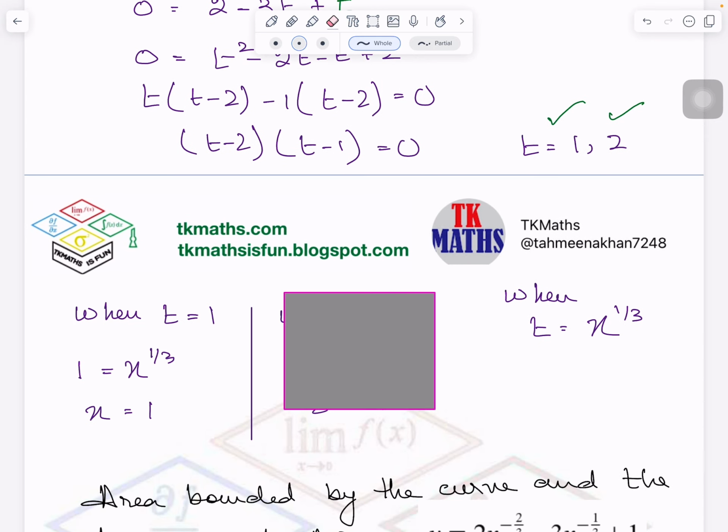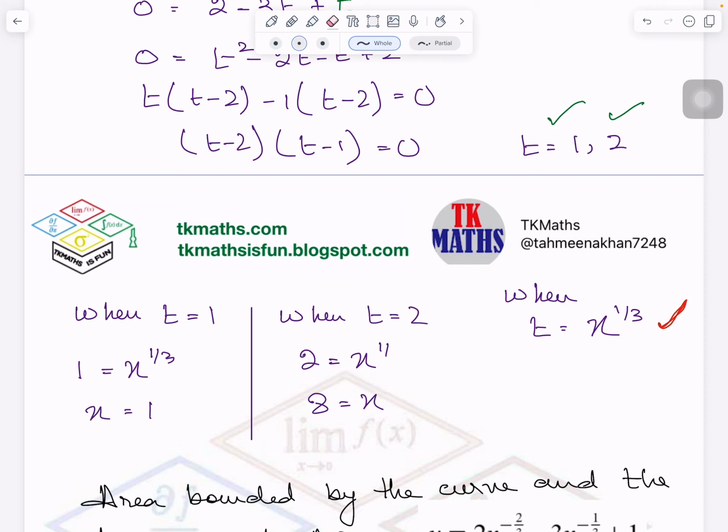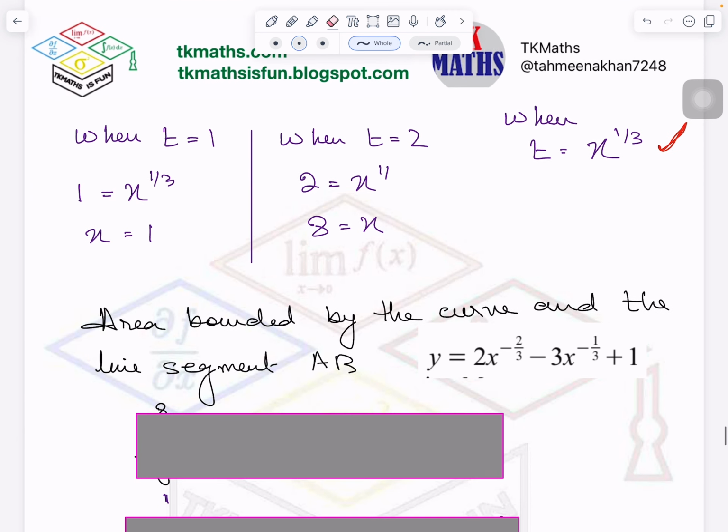So when t is 1, I got x equals 1. I am simply substituting this value of t in the substitution which I had taken. So I got x equals 1 and x equals 8. So these are my limits also. Now I have to integrate the equation of the curve with the limits 1 to 8.